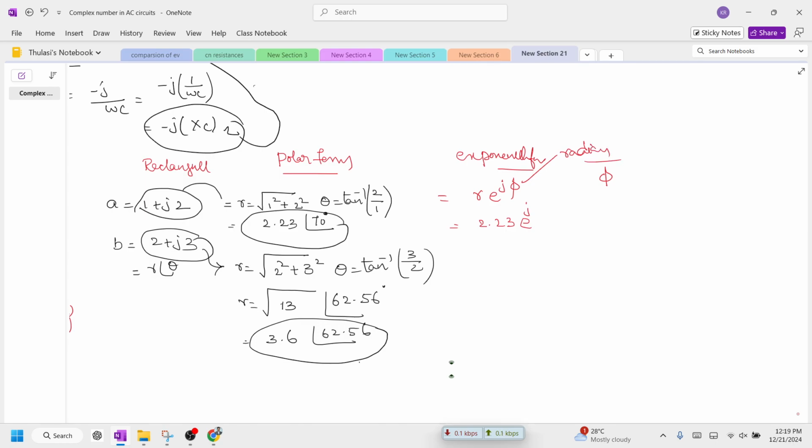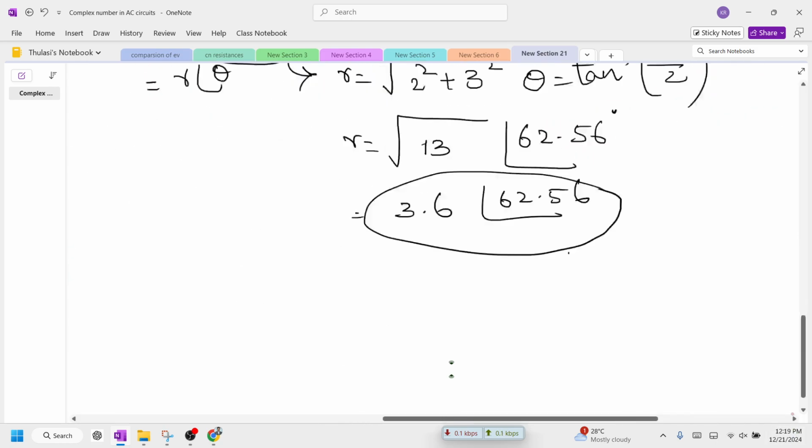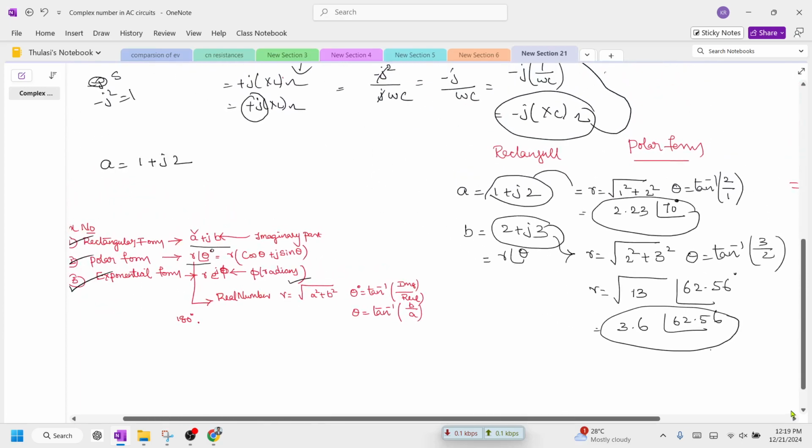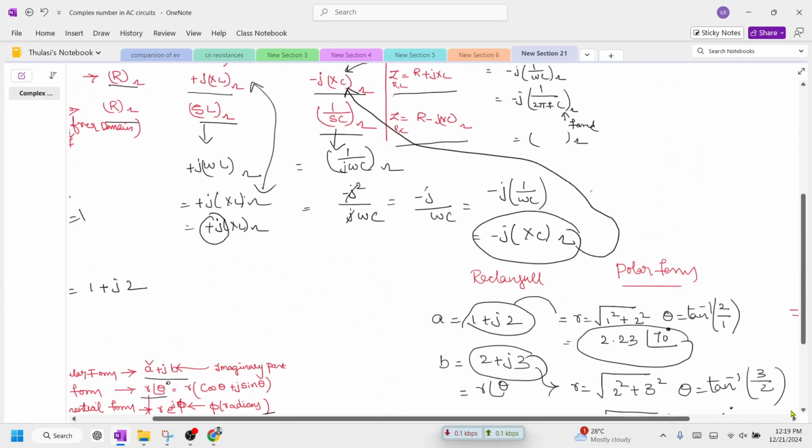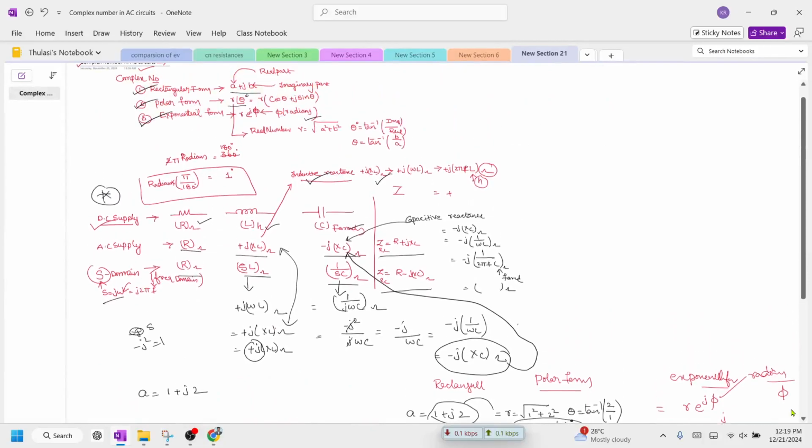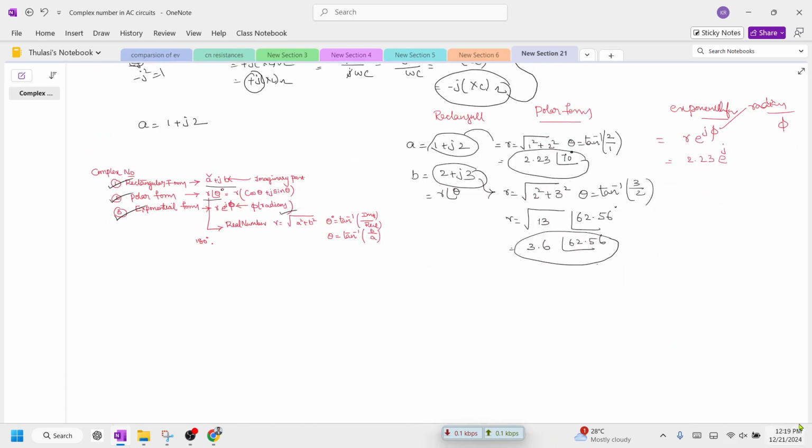As I already discussed how to convert a degree into radian, let's try to apply that formula here.